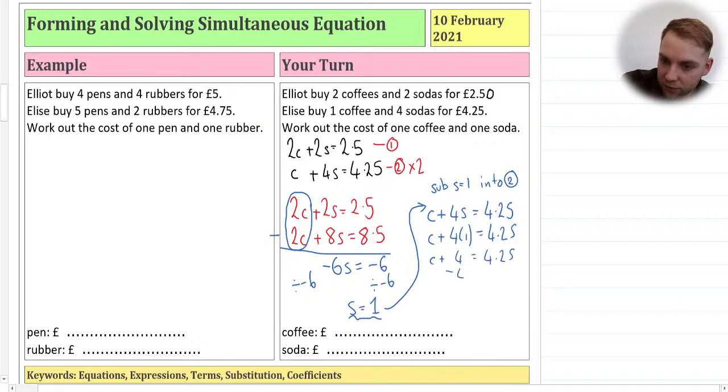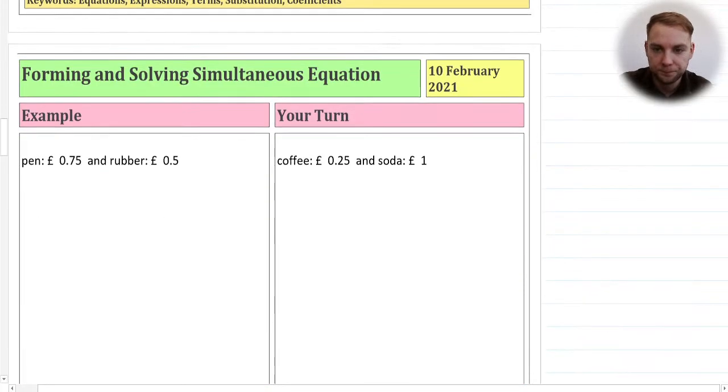So minus the 4, C is equal to 0.25. So we know the price of a soda is £1 and the price of a coffee is 25 pence, 0.25 pounds. Let's just check those. Brilliant. There we go.